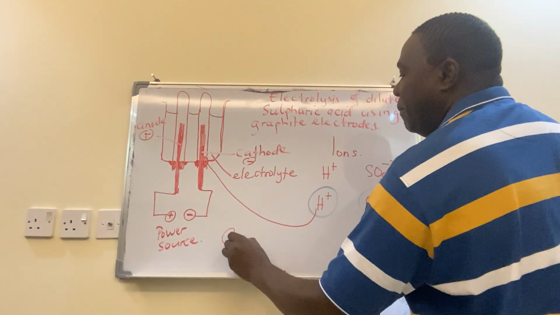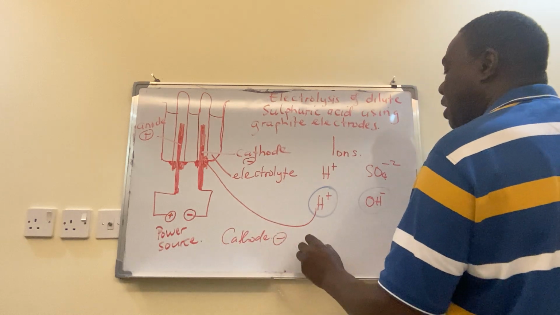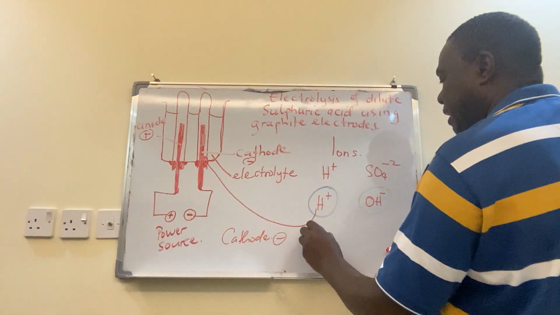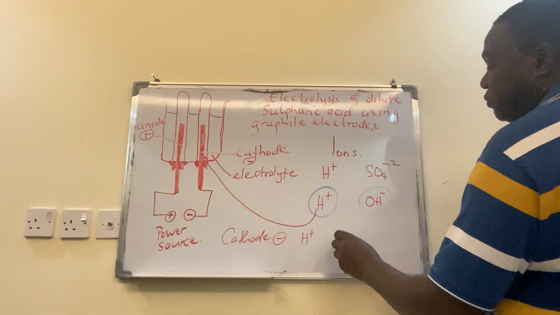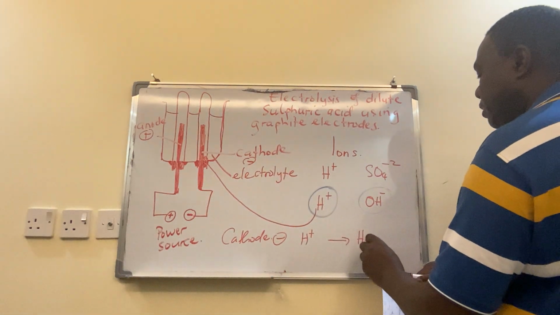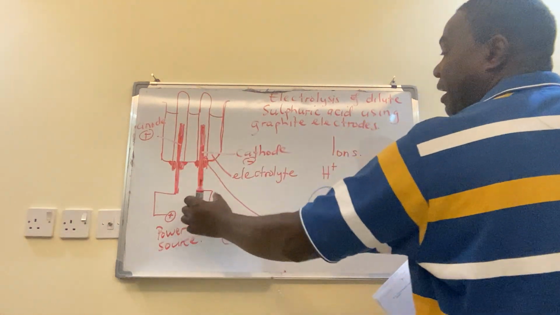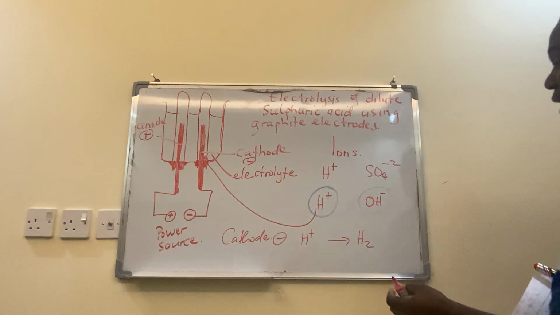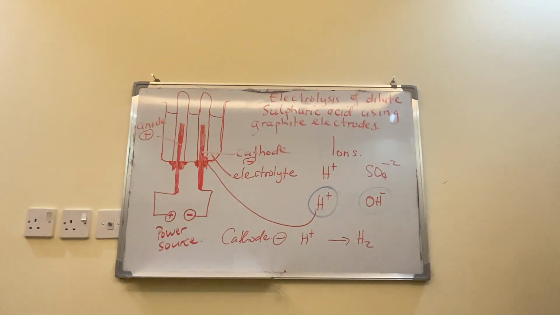So by the cathode, we are going to have H plus here. And when H plus reaches the cathode, it's going to be turned to hydrogen. So you see bubbles of hydrogen by your cathode. The origin is H plus ions, and then you're going to have your hydrogen being discharged by the cathode.